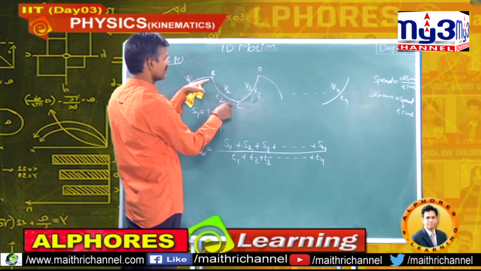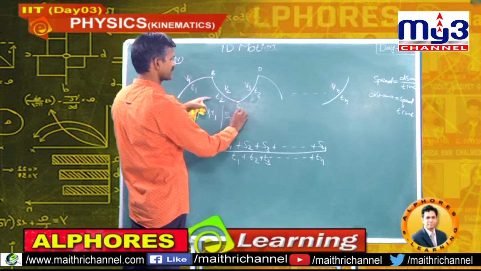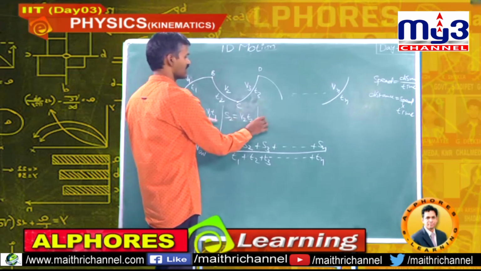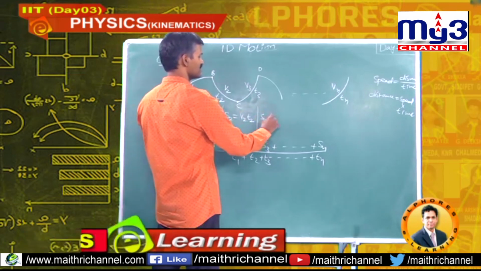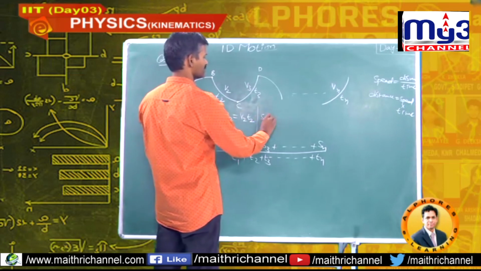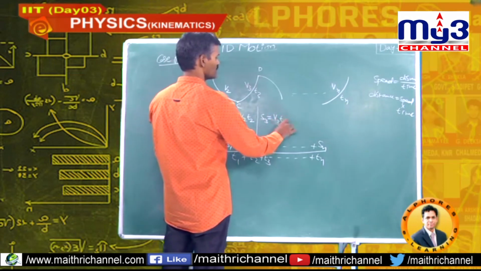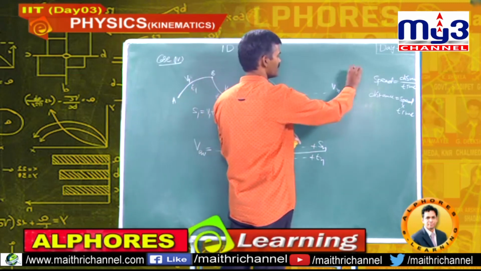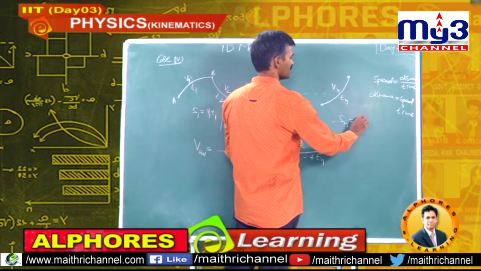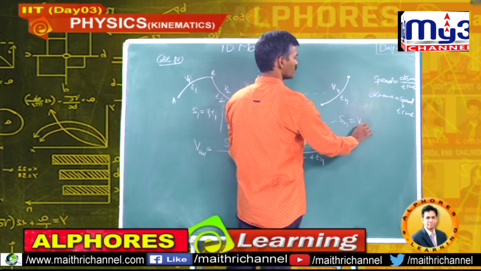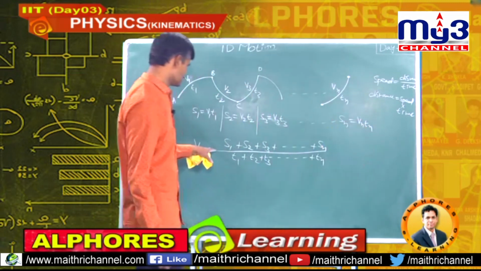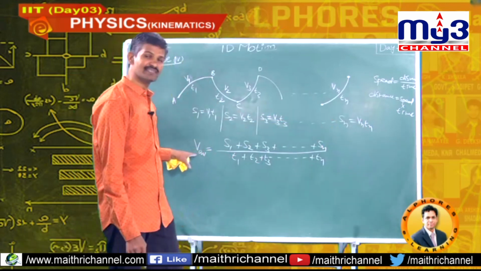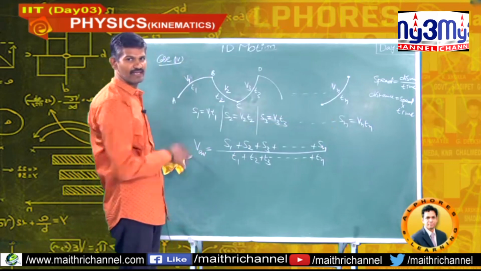Similarly, S2 is the product of V2 and T2, S3 is V3 into T3, and so on. Sn is Vn into Tn. On substituting these values in the equation, we can get the average speed in this particular case.